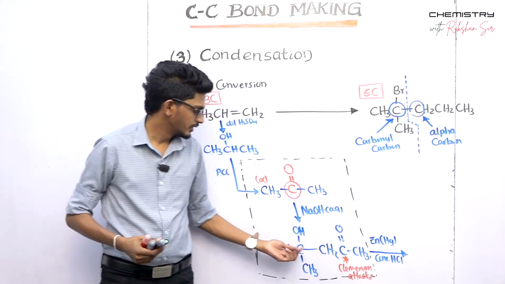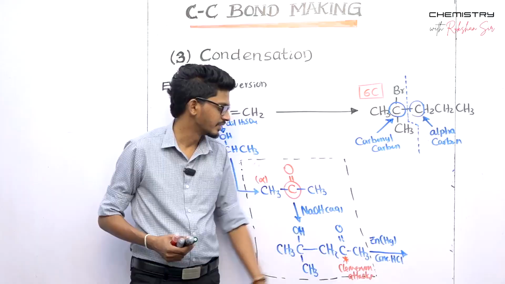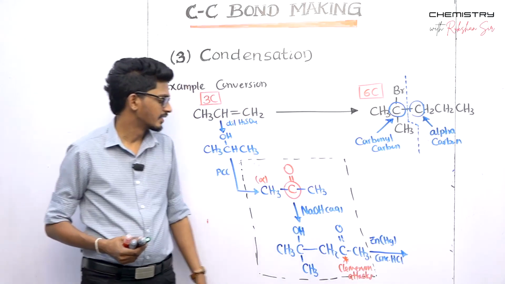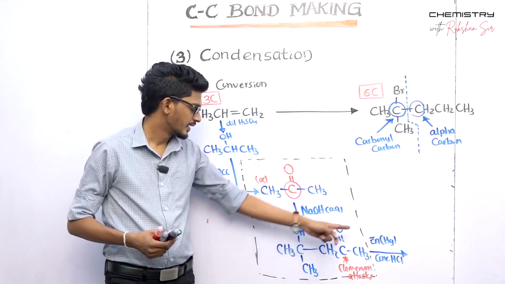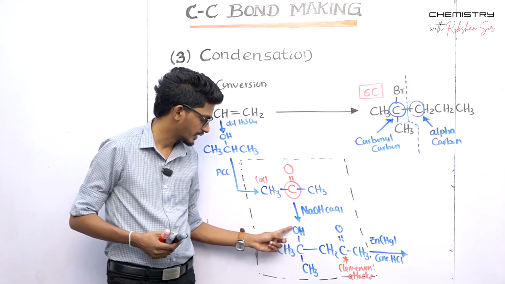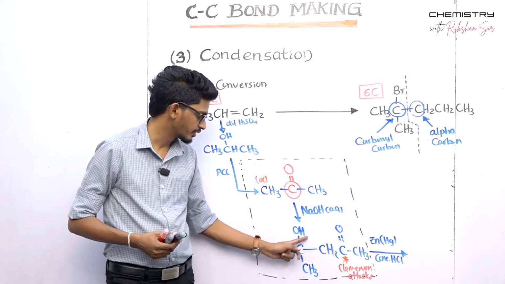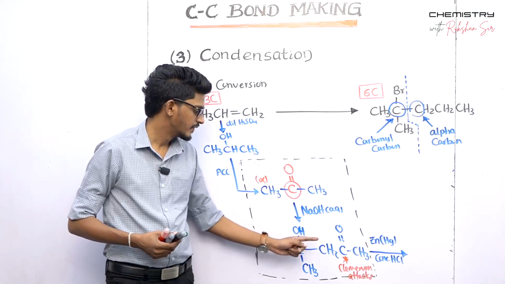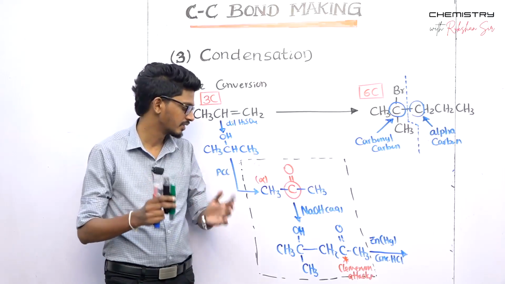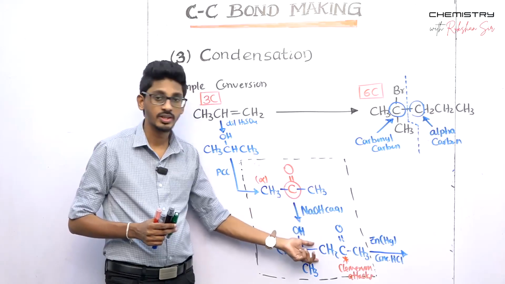When you add some acid and do some heating, what will happen is that this OH of your beta-hydroxy carbonyl compound will leave. This is a special thing appearing with the beta-hydroxy carbonyls, which are the products of the aldol condensation.